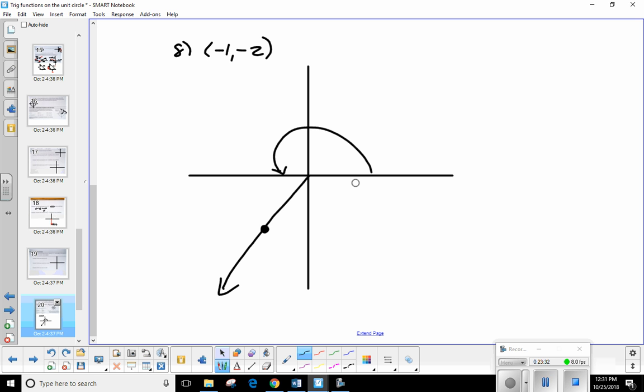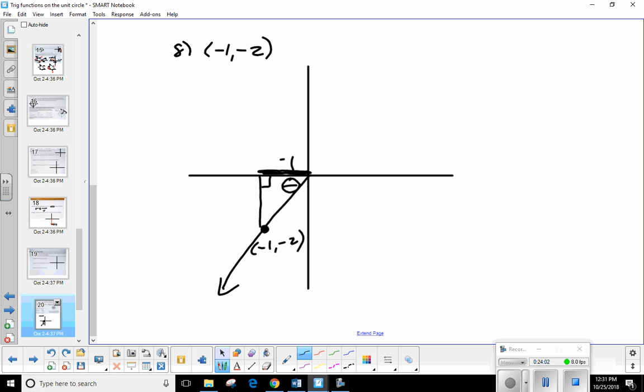Just like we've seen several times, I'm going to use that terminal side to create a right triangle. And there's theta. Now remember, the coordinates of this are -1, -2. So do I happen to know this side right here? Yeah, it's -1. And again, we're not saying that's -1 units long. The negative just tells me the direction.